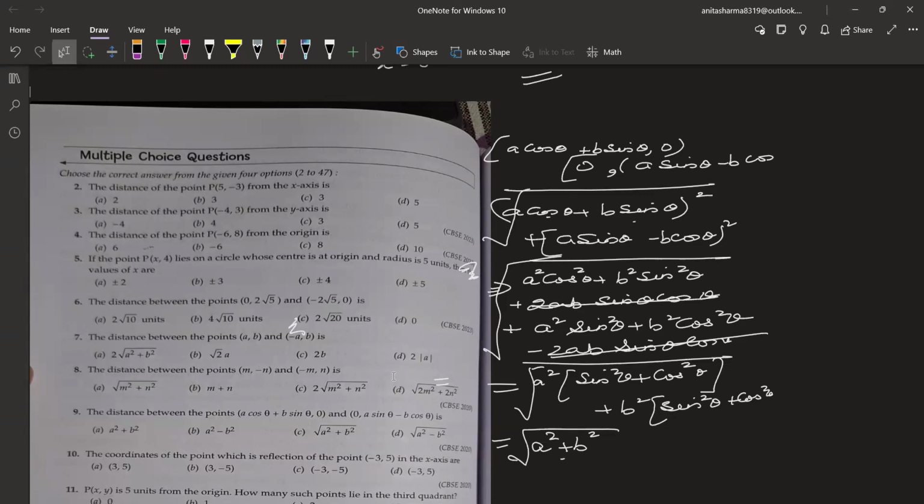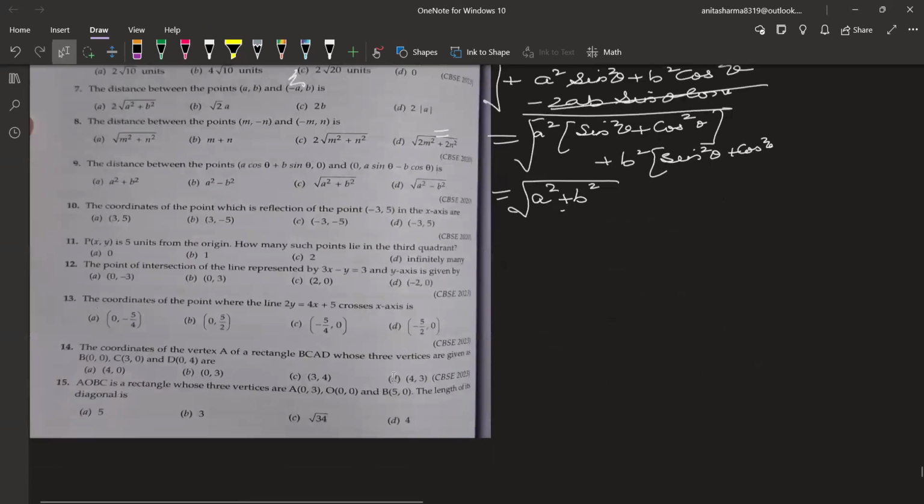I guess, ma'am, like reflection in the x-axis. Right. Does it go to other quadrants? See, in the x-axis, they are asking about this x-axis only. Ma'am, will it be 3 comma minus? Yes, beta.